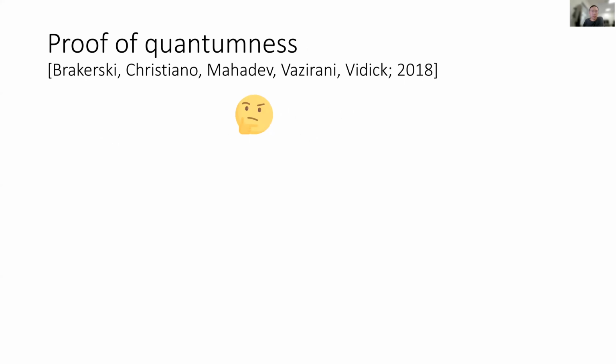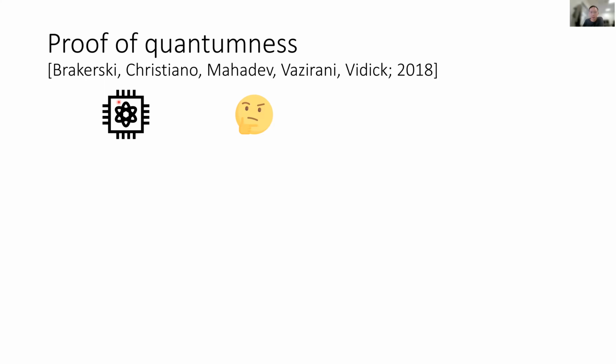Okay, so with trapdoor claw-free functions, let's see how we construct a proof of quantumness, which is the protocol given by this work of Brakerski et al. So the task of proof of quantumness on a high level is that it is an interactive proof between a classical verifier and a quantum prover, such that if the prover is quantum, then he can convince the verifier that the prover is quantum.